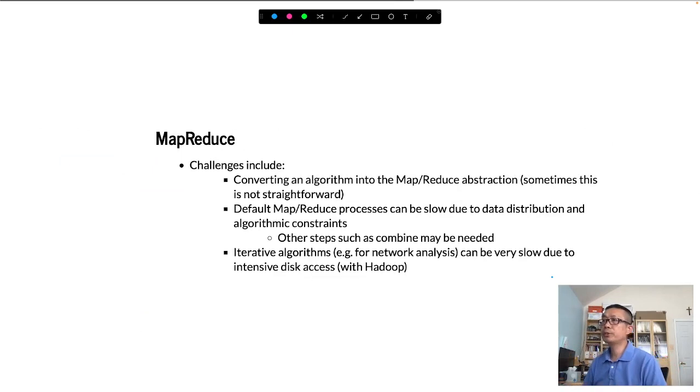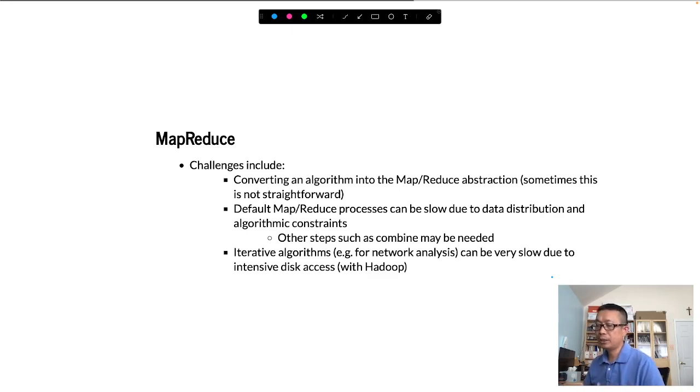So with MapReduce, there are also challenges. The framework makes it straightforward and lets the developers of these algorithms focus on the algorithm itself without worrying about the low-level implementation or coordination.